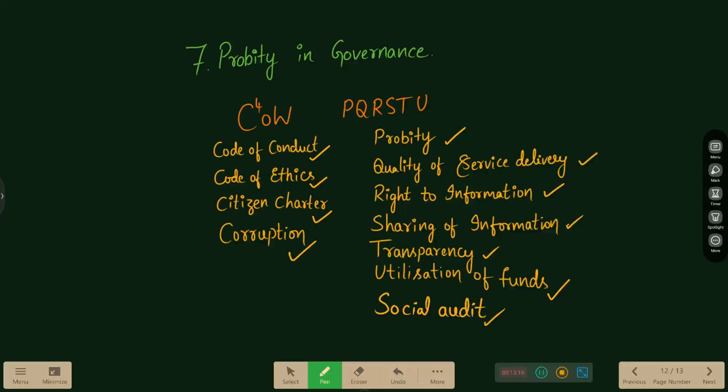Okay? So, if you want me to revise quickly, in probity in governance you need to remember these keywords: Code of Conduct, Code of Ethics, Citizen Charter, Challenges of Corruption. Then probity, philosophical basis of probity, quality of service delivery, right to information, sharing of information and transparency, utilization of funds, social audit.